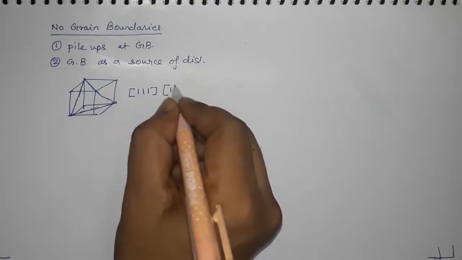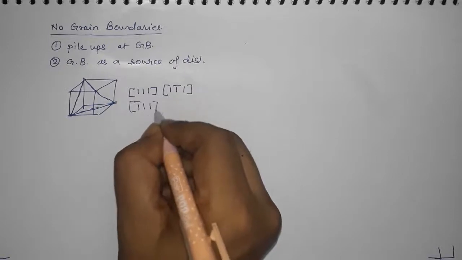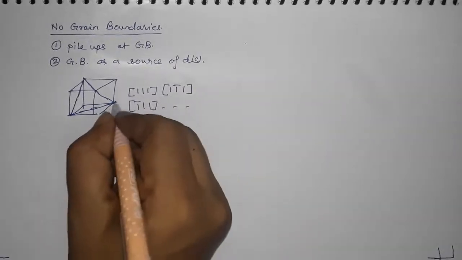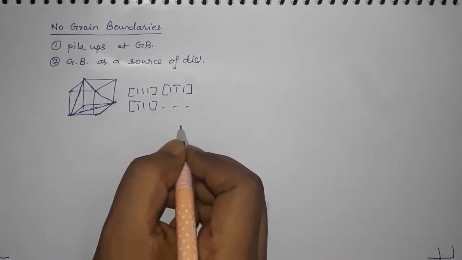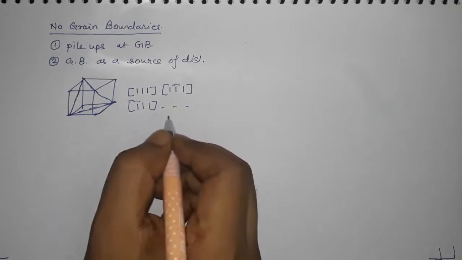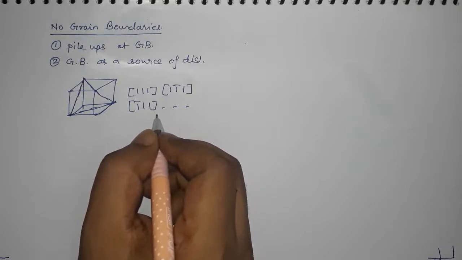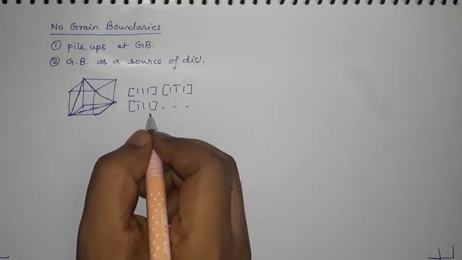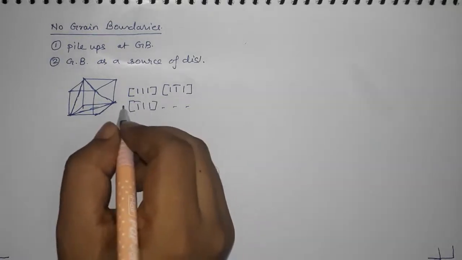So there can be 1 bar 1 1, and so on. So FCC is the only system in comparison to BCC and HCP where the differences because of many things do not show that much effect, because FCC crystal has very efficient 12 slip systems in it, and we will discuss more on this.